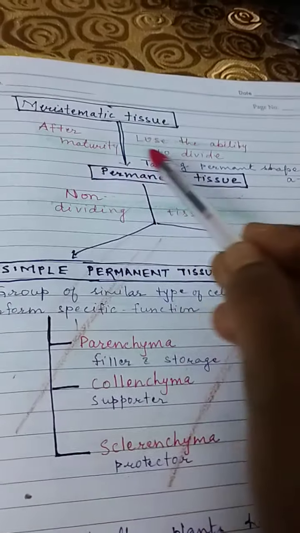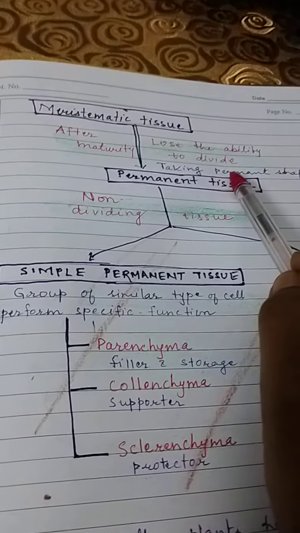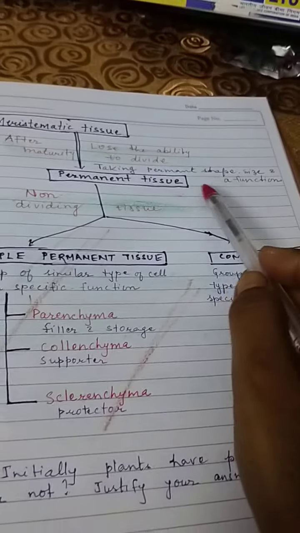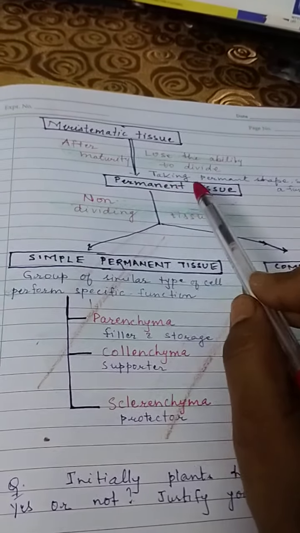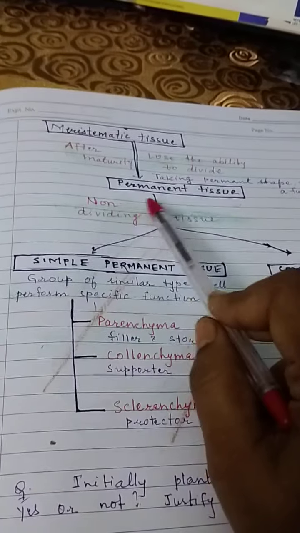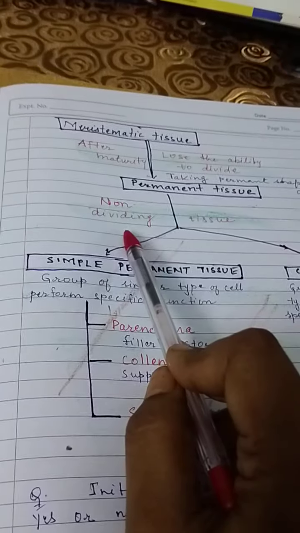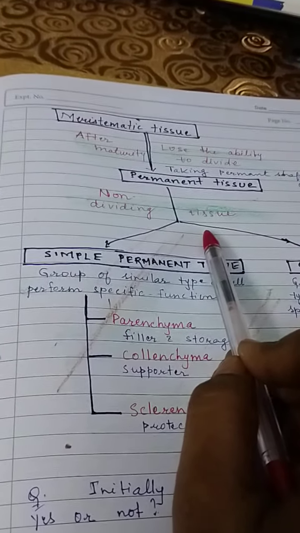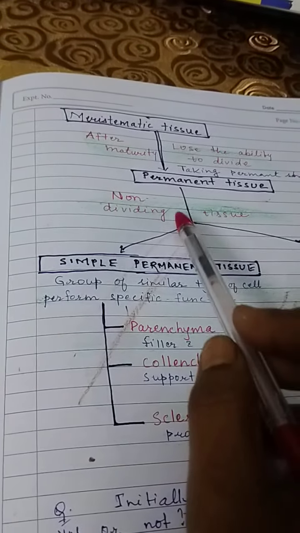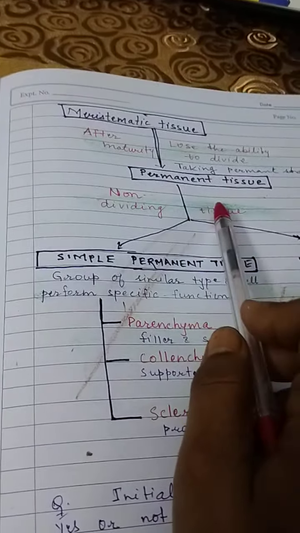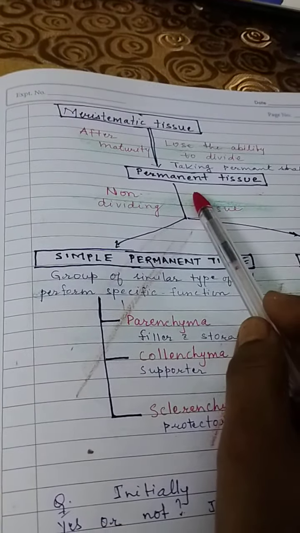After maturity, meristematic tissue loses the ability of division, takes a permanent shape, size and function and is converted into permanent tissue. You already know permanent tissue is the non-dividing tissue. Understand? That means permanent tissue originates from the meristematic tissue.